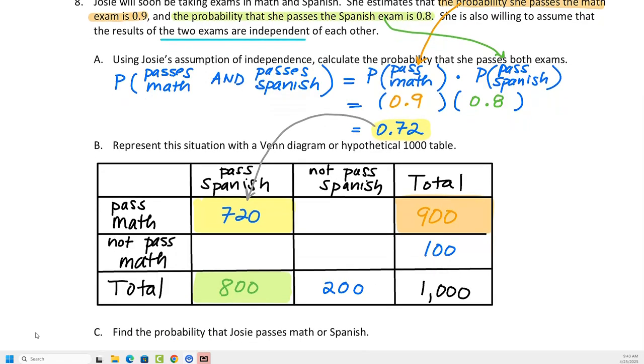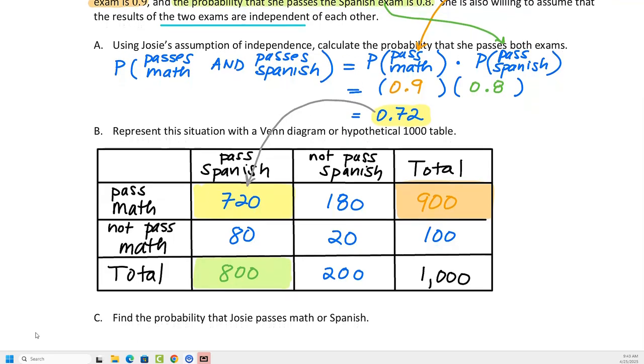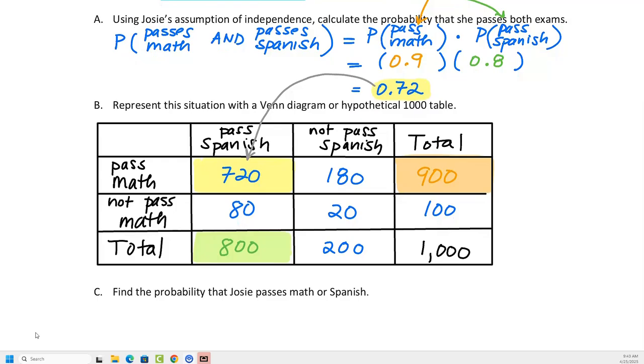Obviously I can calculate this cell: what do I add to 720 to get 900? Isn't that 180? And going down here, what do I add to 180 to get 200? Isn't that 20? And then what do I add to 720 here to get 800? Isn't that 80? I could do rows also. Are we good with our chart?